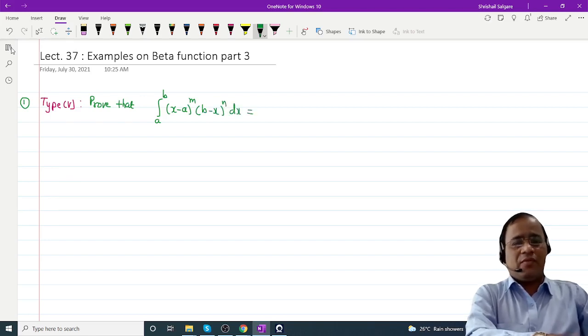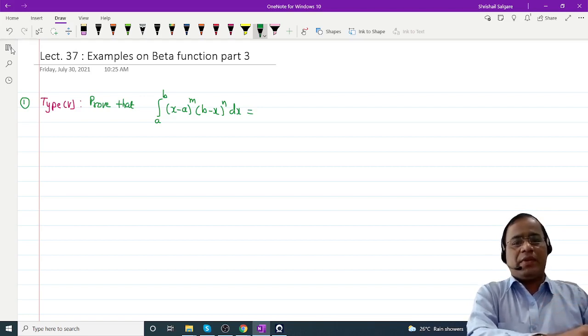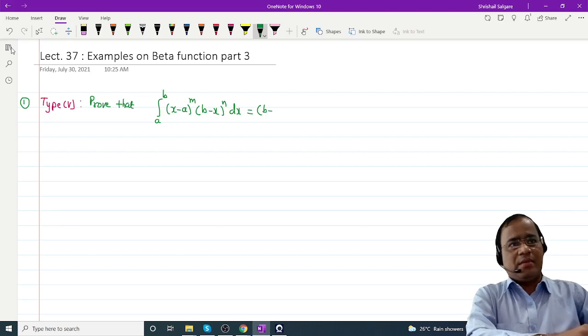One thing you can notice: the two factors are given in such a way that one is x minus the lower limit, and the other is the upper limit minus x, and this answer comes as b minus a raised to m plus n plus 1, into beta of m plus 1 and n plus 1.